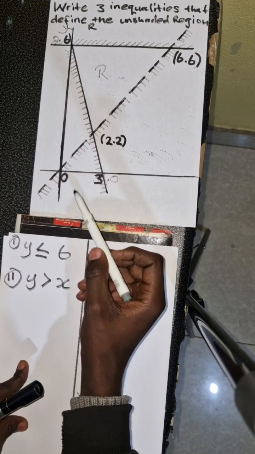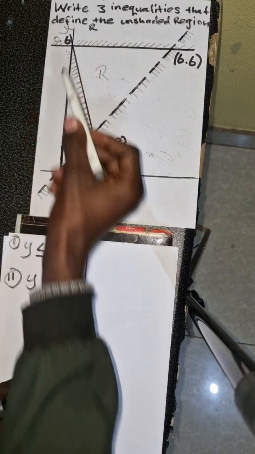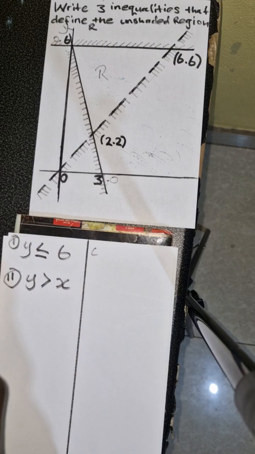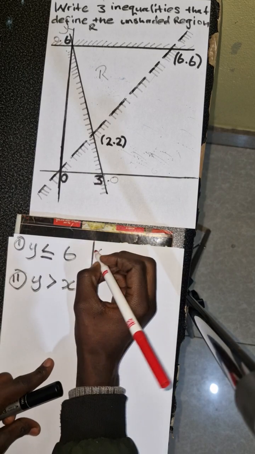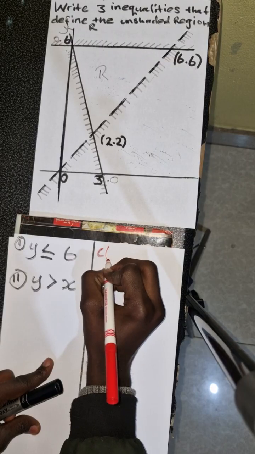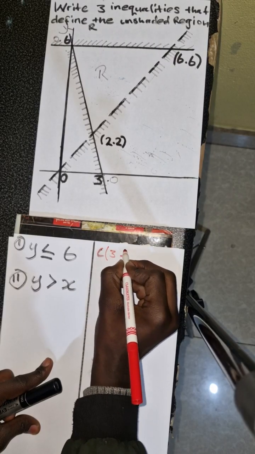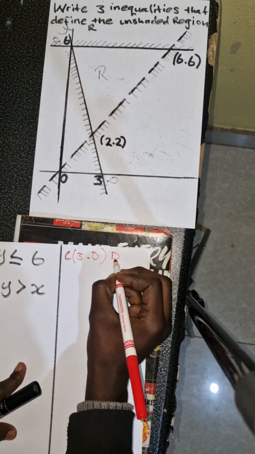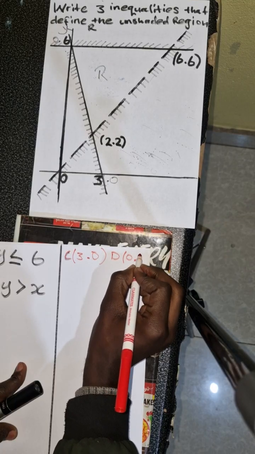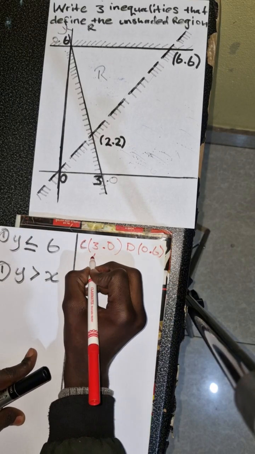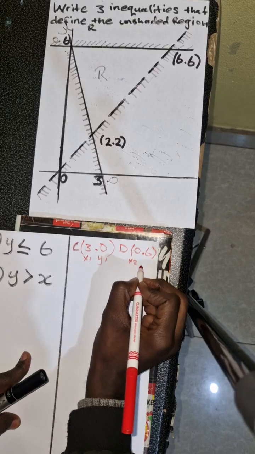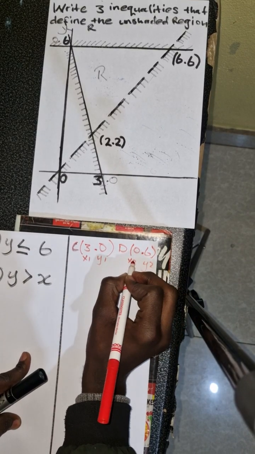This will be my C and this will be my D. So my C will be 3, 0. My D will be 0, 6. So this will be my x1, my y1, my x2, my y2.